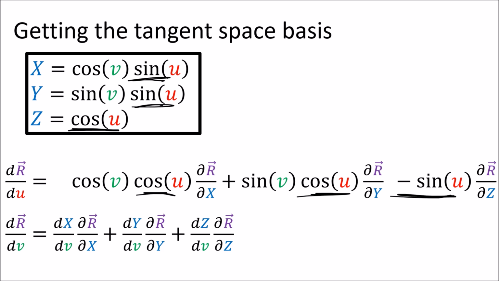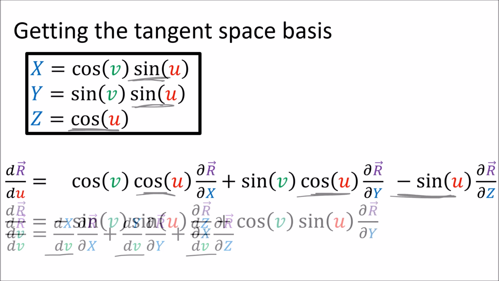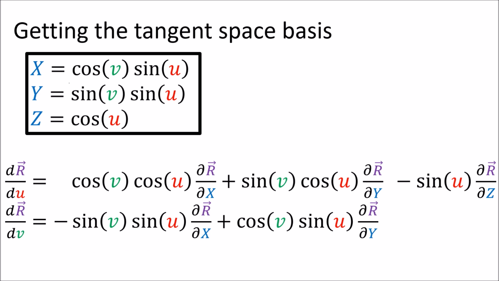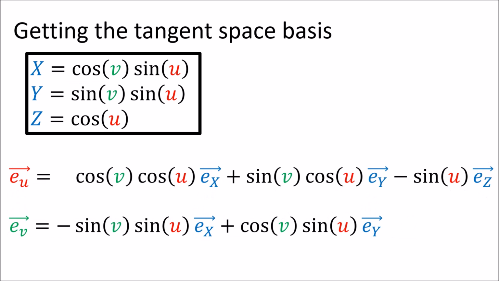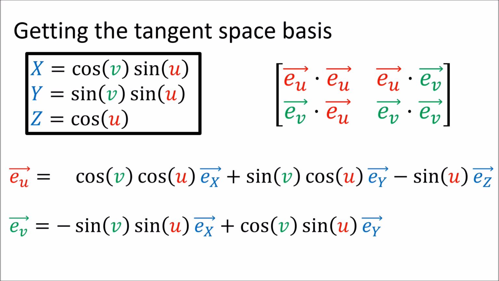And likewise, we can also compute dx by dv, dy by dv, and dz by dv to get this, where this cosine becomes a negative sine, this sine becomes a cosine, and this term just goes to 0 since there are no v variables in it. And I'm going to rewrite these formulas using the vector notation instead of the partial derivative notation. So we're now ready to compute the metric tensor using the basis vector dot products.